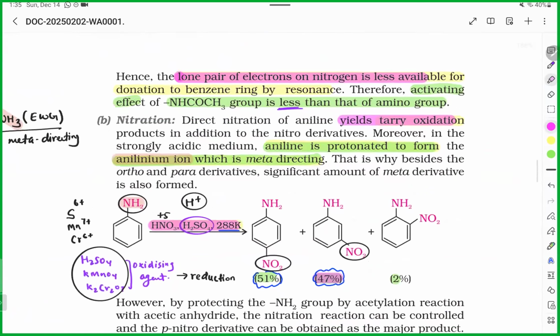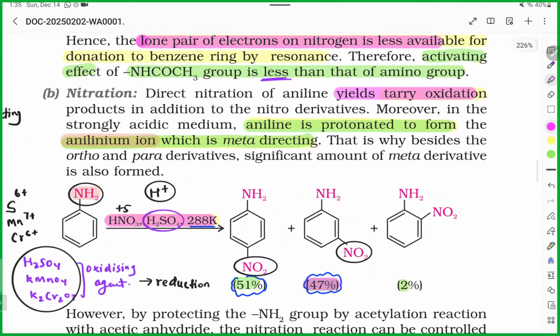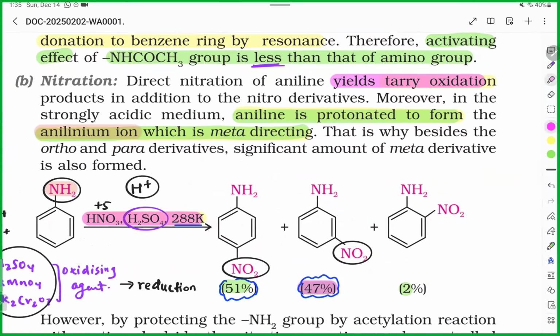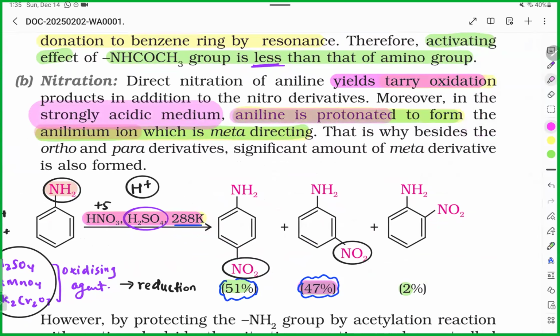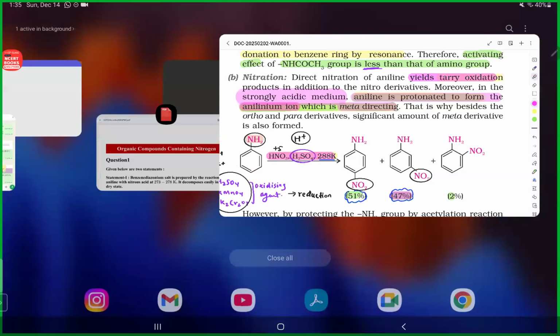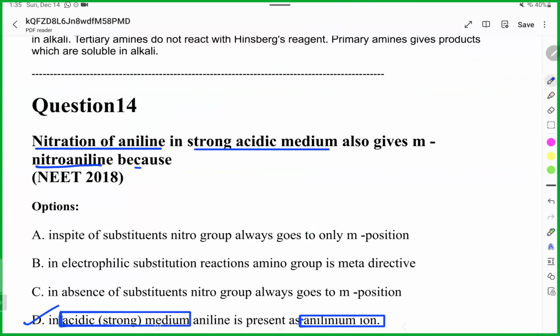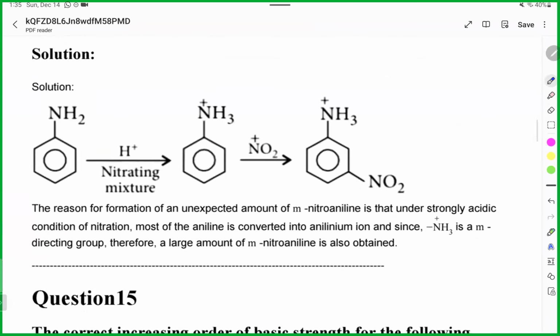See, in case of nitrogen, it is written in strongly acidic medium, aniline is protonated to form the anilinium ion, which is meta directing. See, ditto NCERT line. You will never get out of NCERT. If it is out of NCERT, you can't do it.